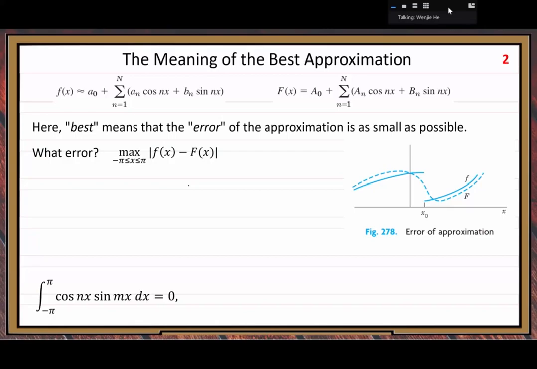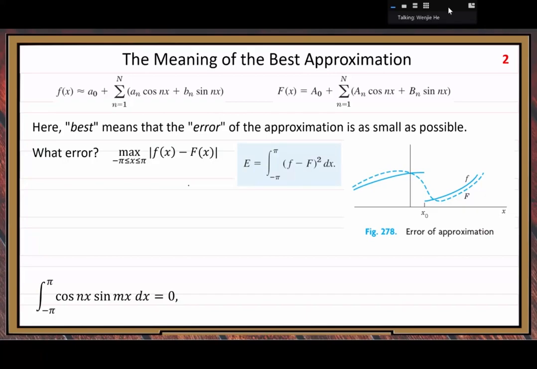It's very hard to get a very good approximation at this discontinuity point. At continuity points, the approximation is very good, but at this discontinuity point, the approximation is not very good.